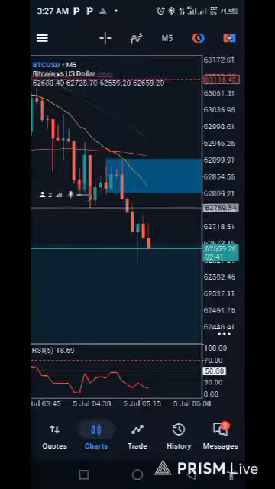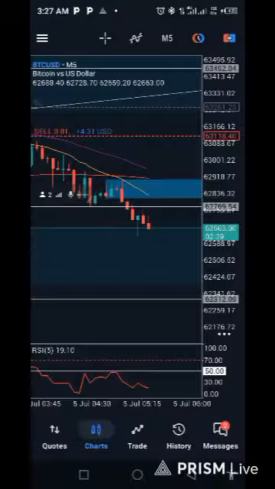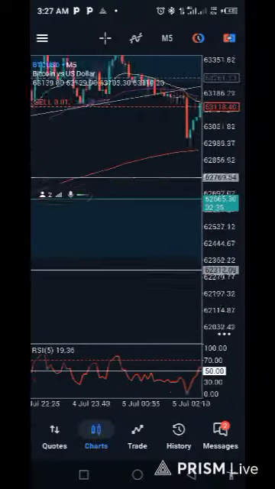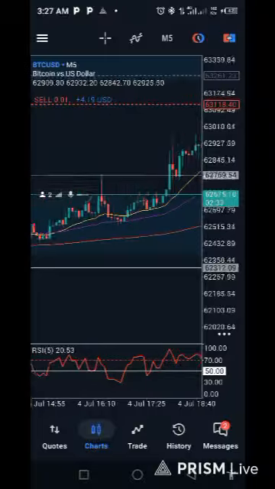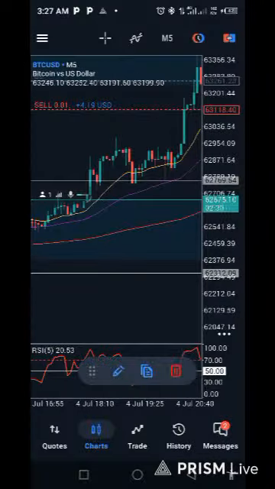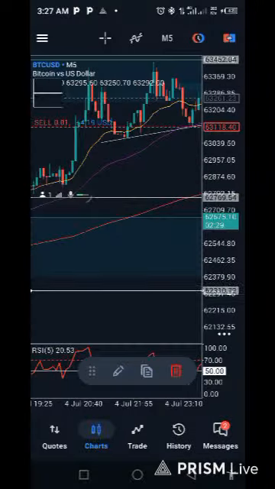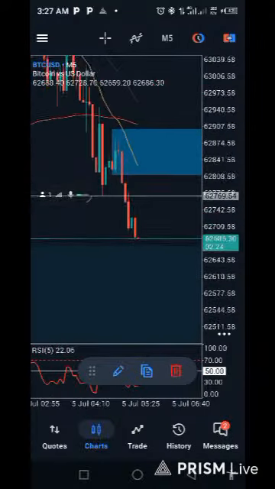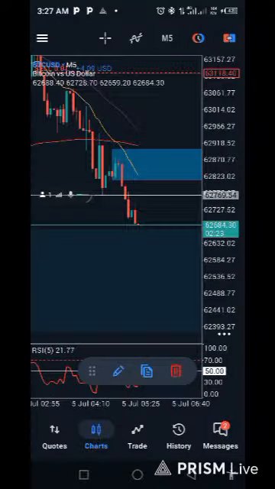And if you check the zone below, you will see that there's also another block there, this faded blue that I drew. That's why it's even a certainty that it's going to go up and test this other block before coming down again.